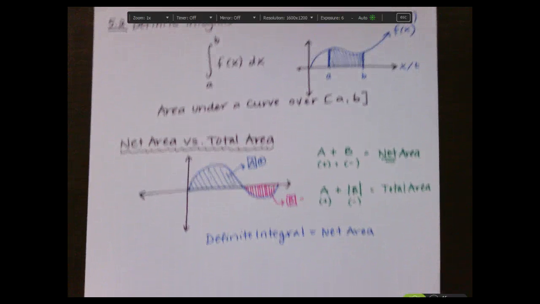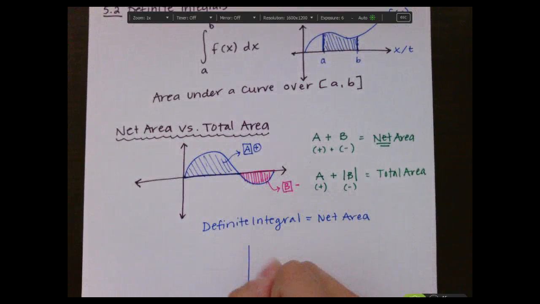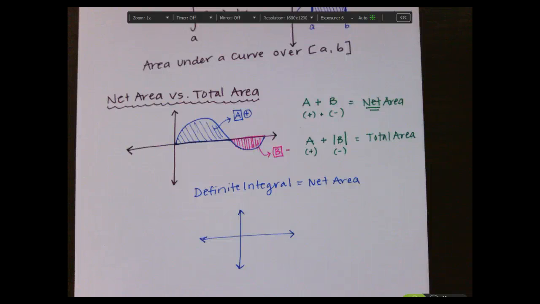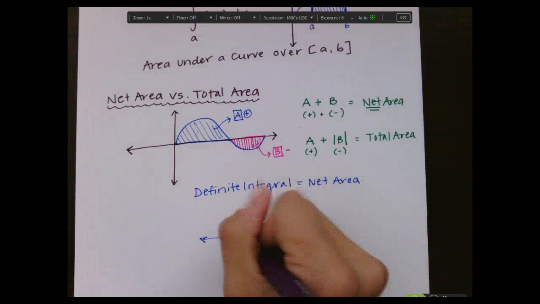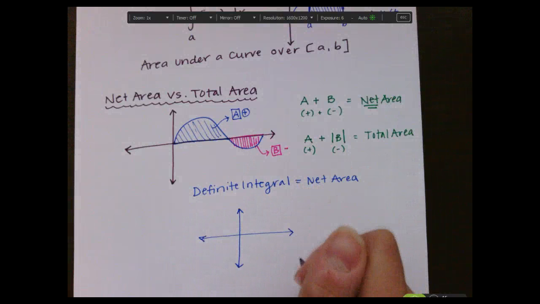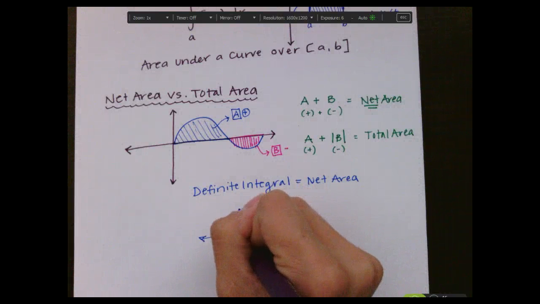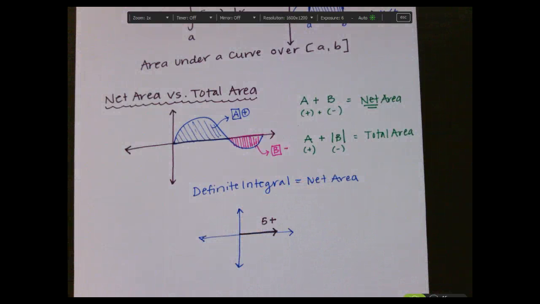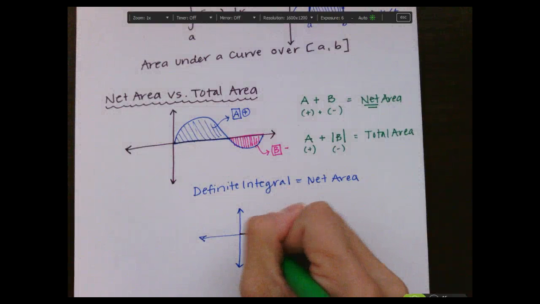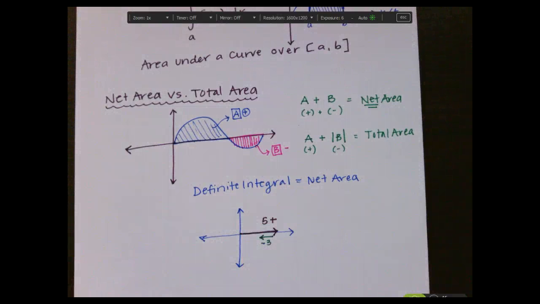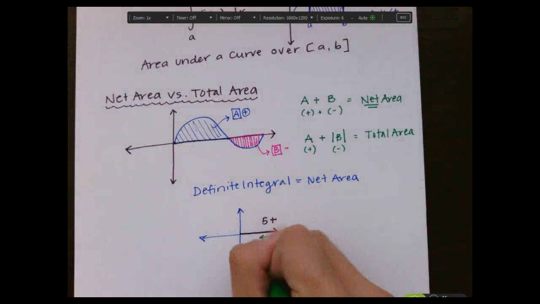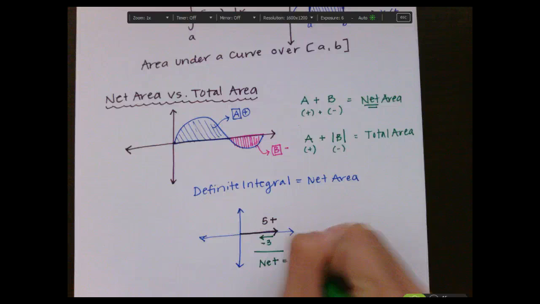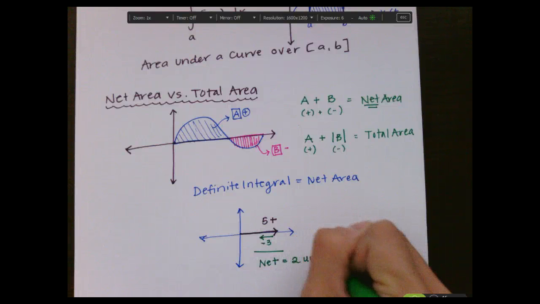This is similar to a situation where, let's say, you have an object moving along the x-axis, or an object moving along a line in general, and that object moves 5 units in the positive direction, and then it comes back and moves 3 units in the negative direction. And so the net distance would be 2 units away from where you started.